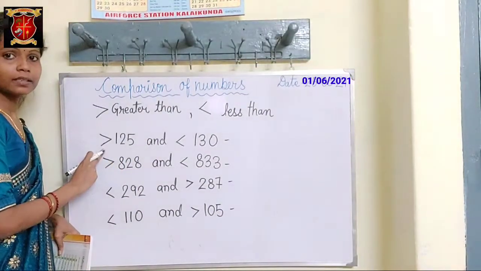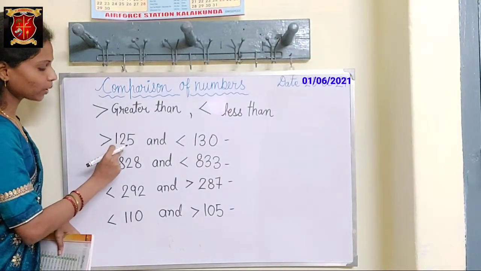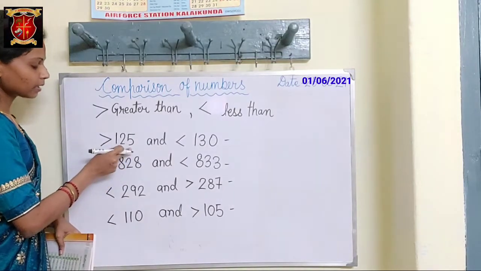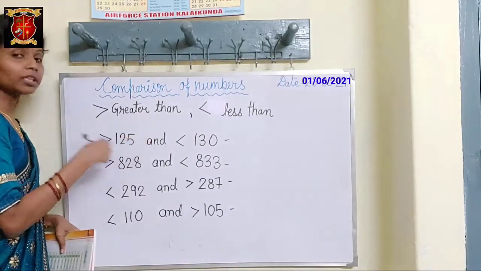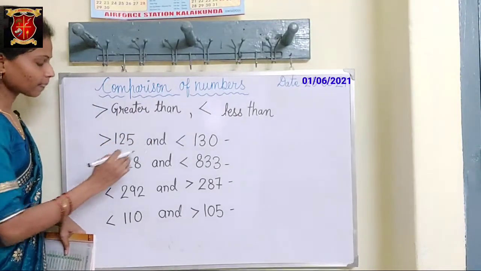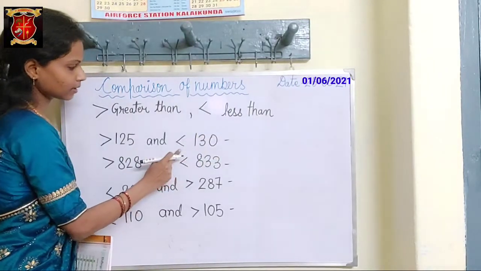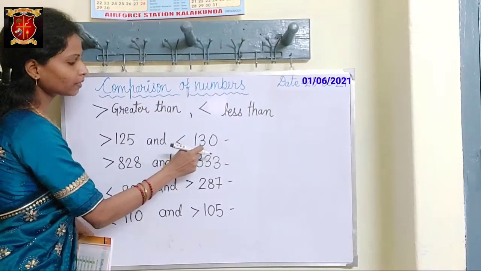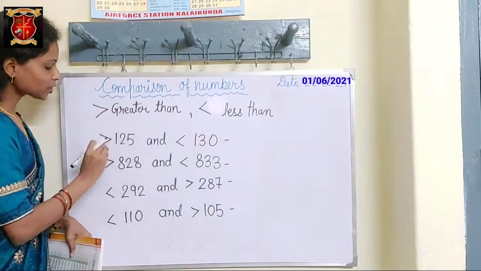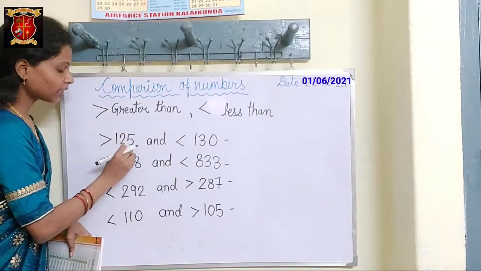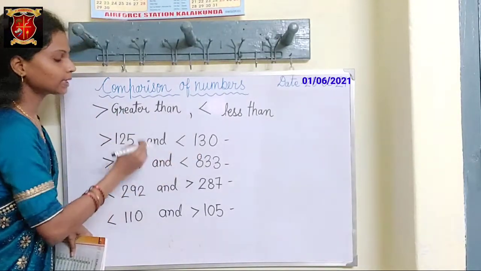So let's see the first question given in your book, page number 44. Now this sign is given, that means we will say greater than 125. That means the number which is more than 125, or bigger than 125. And this sign is the less than sign. So less than 130. That means we have to write the numbers which are greater than 125 but less than 130.